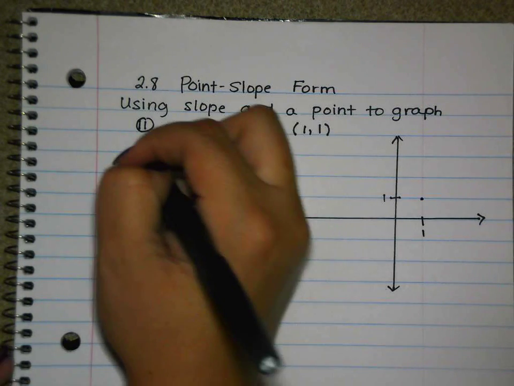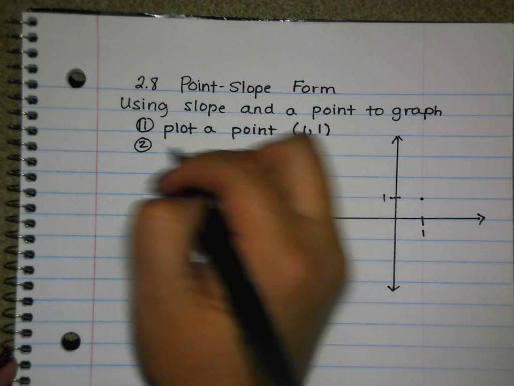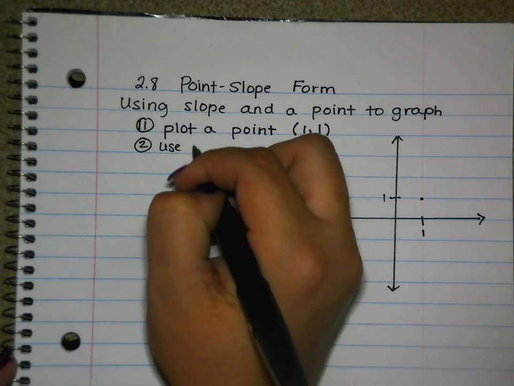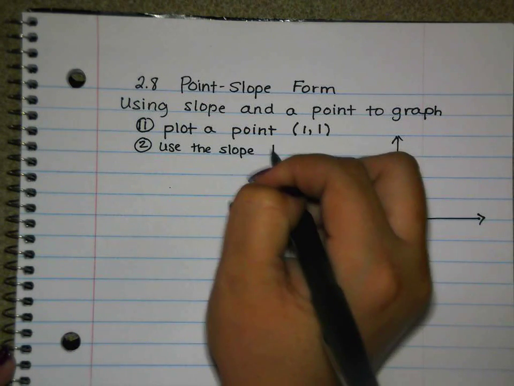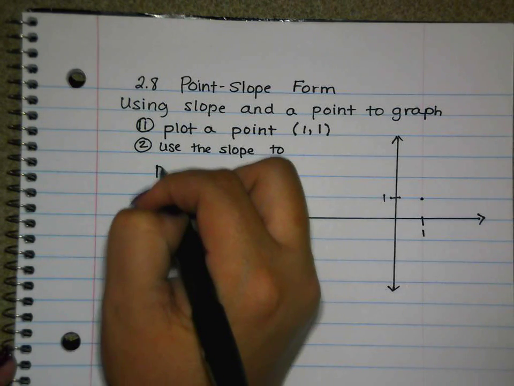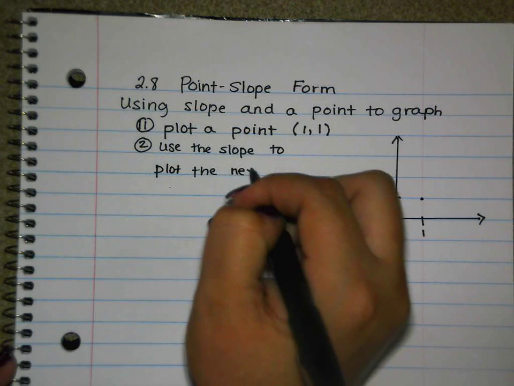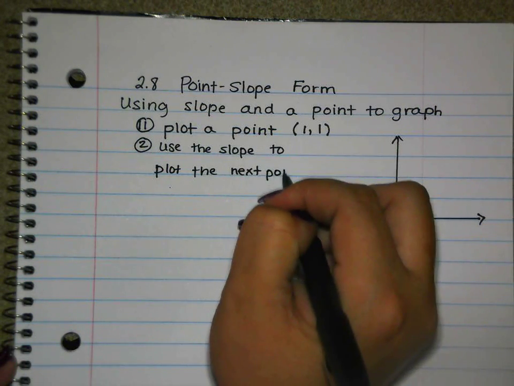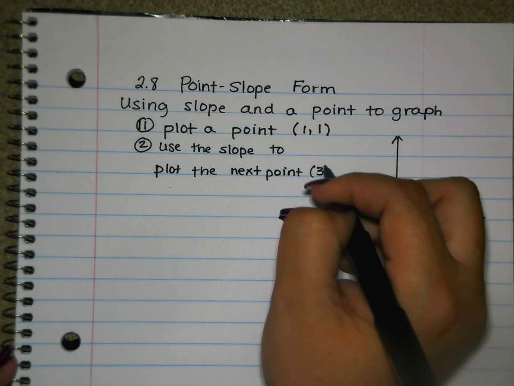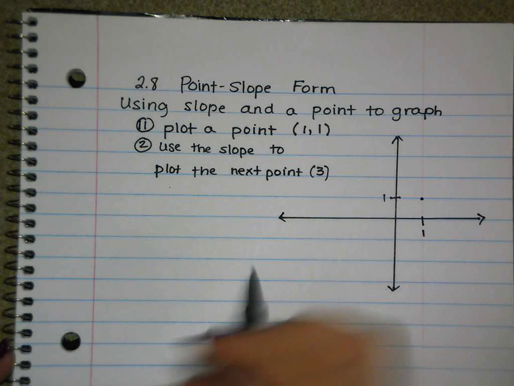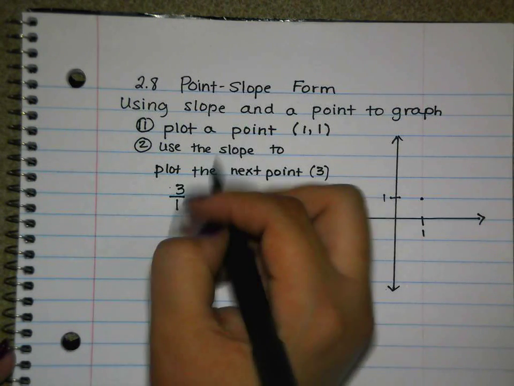Our second step is to use the slope to plot the next point. We are given a slope of 3, and a slope of 3 is the same as saying 3 over 1.